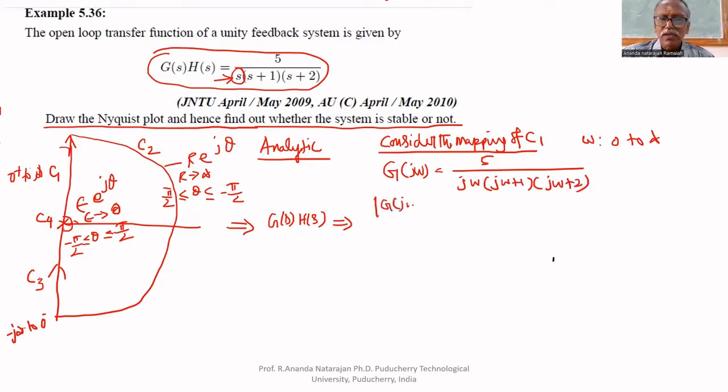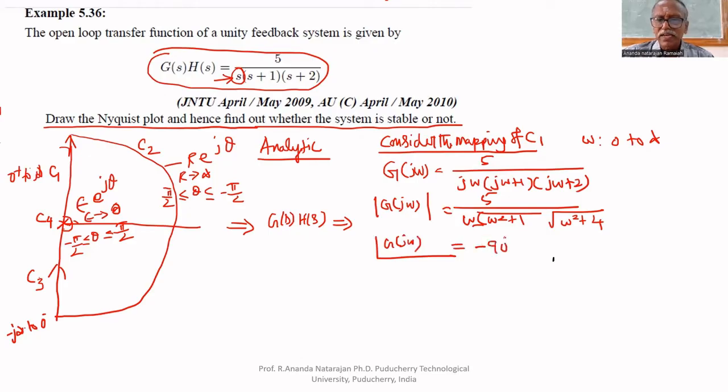Modulus of g of j omega equal to 5 upon omega, square root of omega square plus 1, square root of omega square plus 4. Angle of g of j omega equal to minus 90 for s, and for this one, minus tan inverse of omega minus tan inverse of omega by 2.